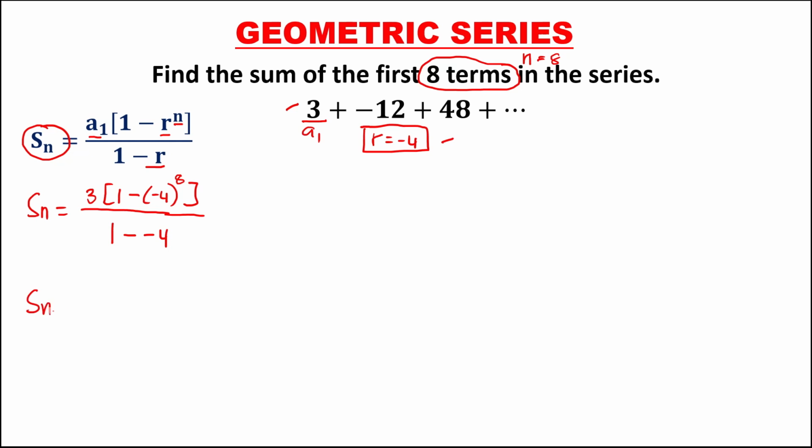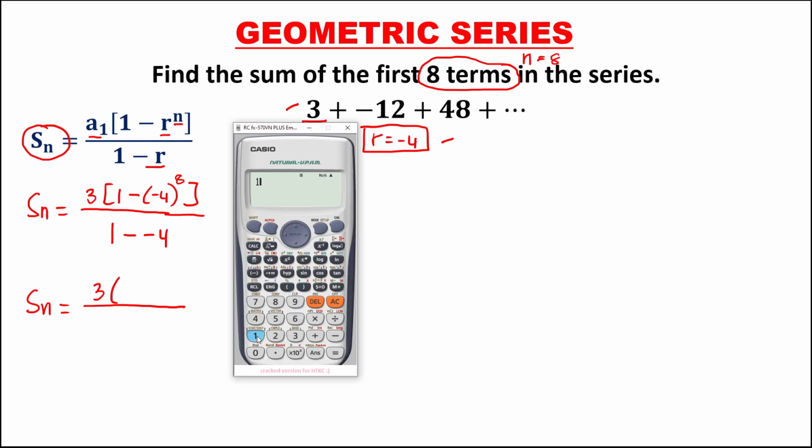Then to simplify, the sum equals 3 times 1 minus -4 to the power 8. Using the calculator, we need to put -4 inside the parentheses, then to the power 8.